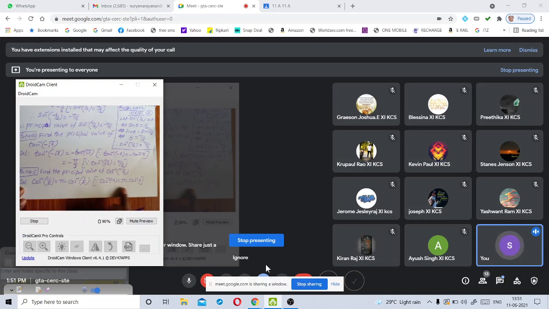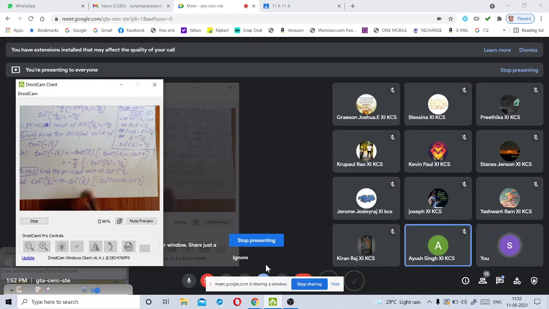By using this formula, are you following, my dear Ayush Singh? By using this formula, I wrote this step. Understood this step, my dear Ayush Singh and Kiran Raj?